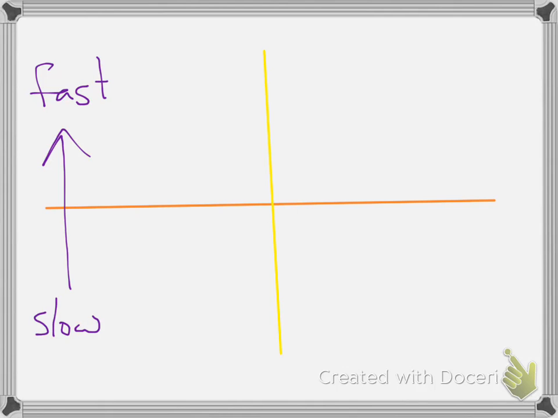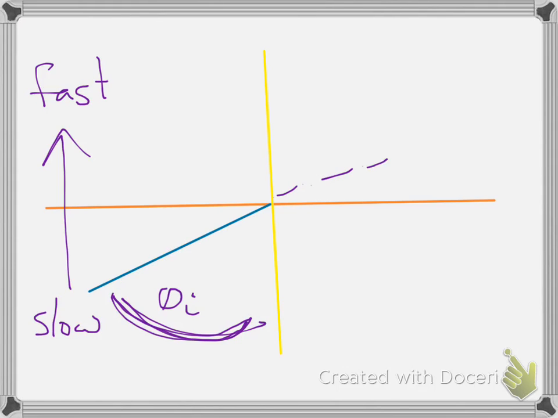We're going to have our angle of incidence at a very large angle. When this gets large enough, instead of your refracted ray coming out here, it disappears.